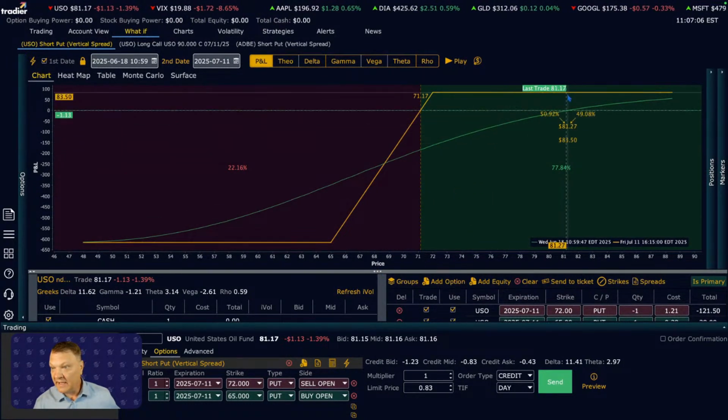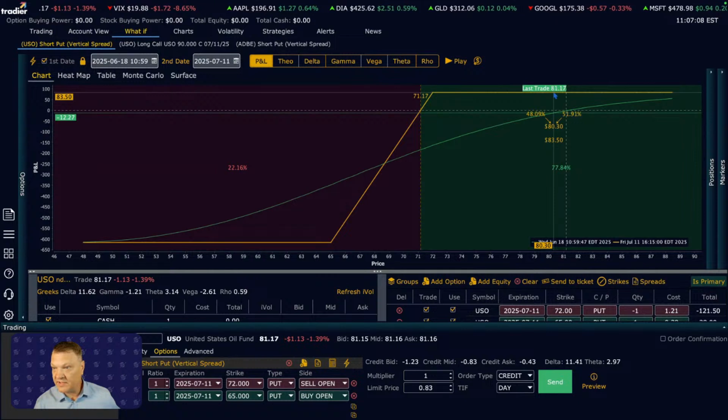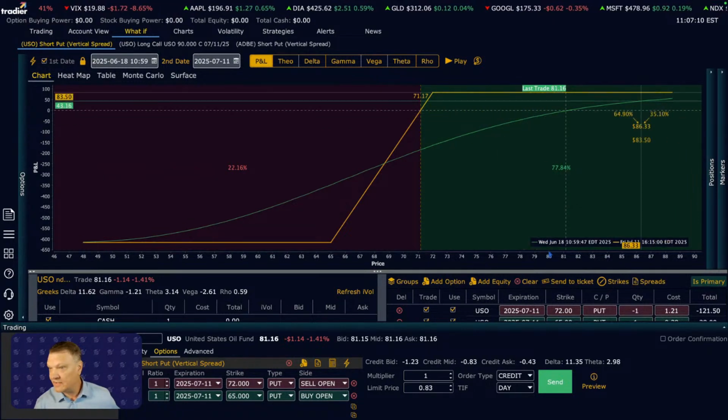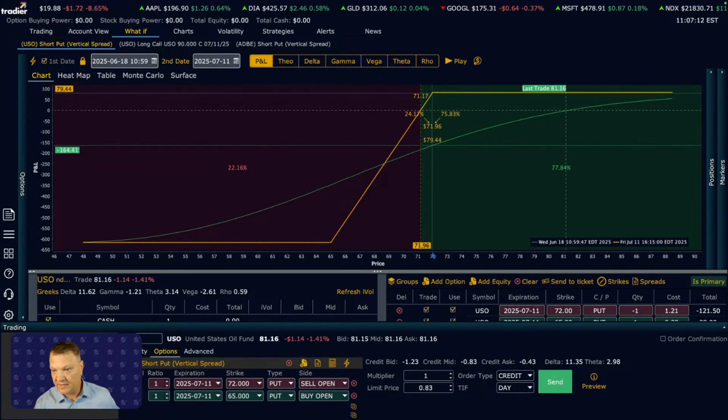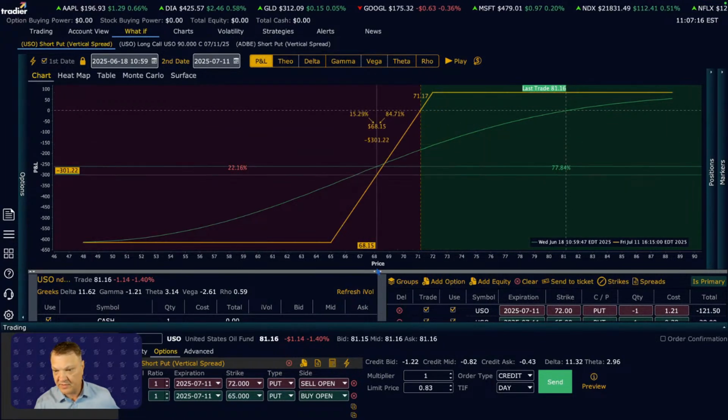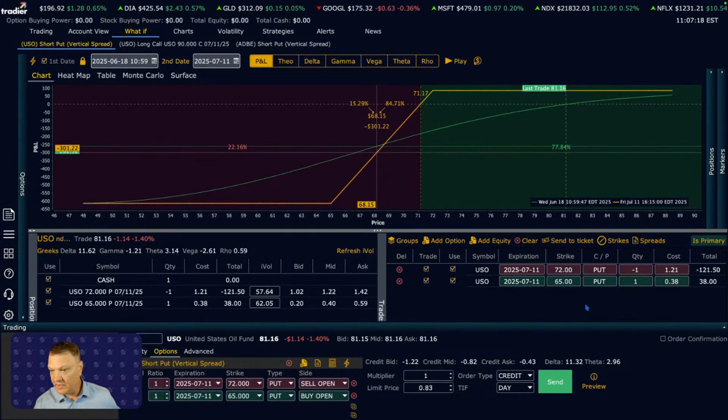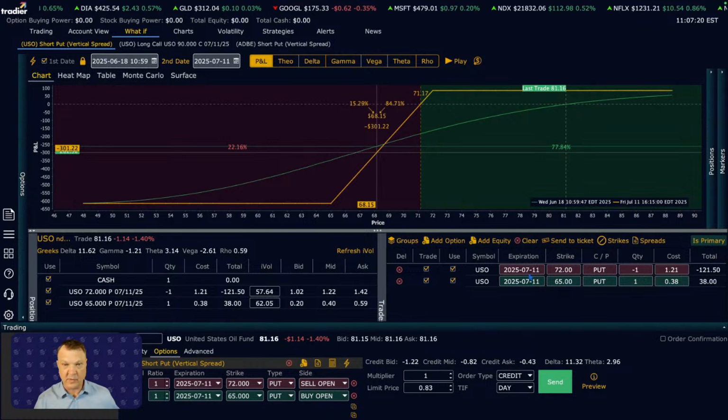But in this instance, the trade right now is at 81.16. To go back to this, we sold the 72. Here are the strikes. We did the July 11th expiration, and remember this Thursday the markets will be closed, so there's also going to be the 4th of July in the middle of this.